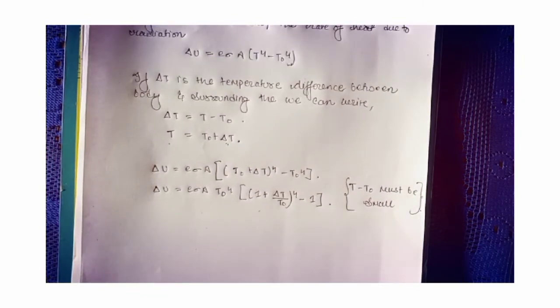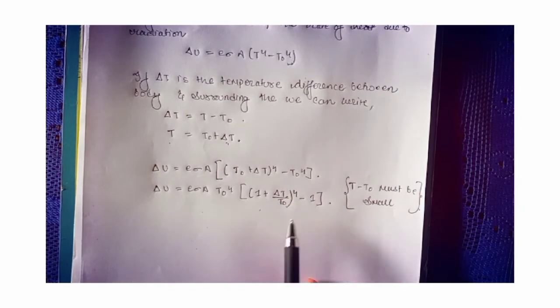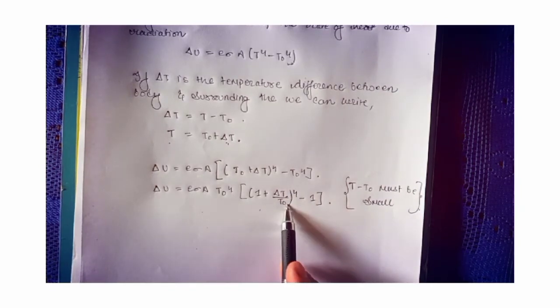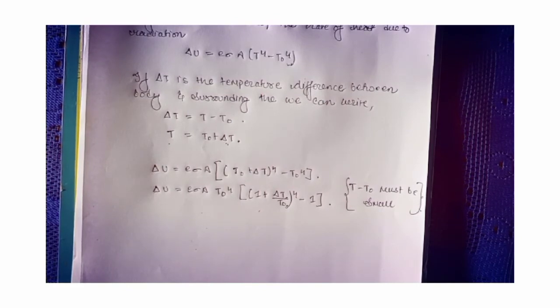If the value of del T is less in comparison with T naught, that is the surrounding temperature, then we can apply binomial approximation over here.